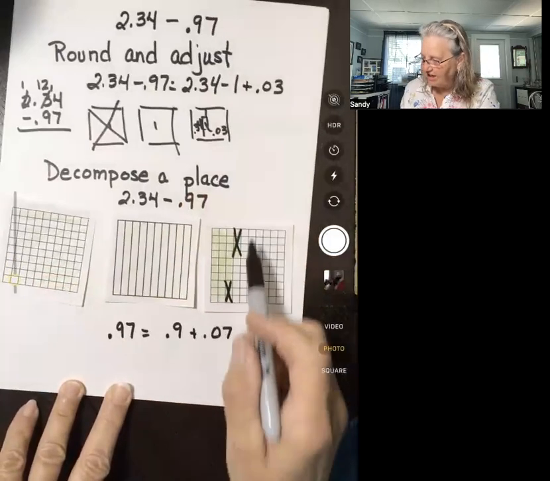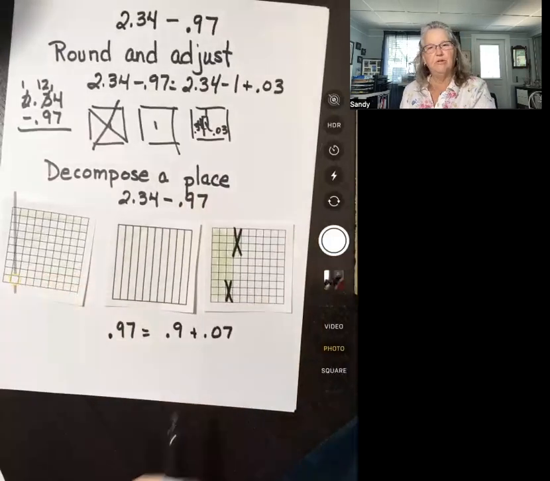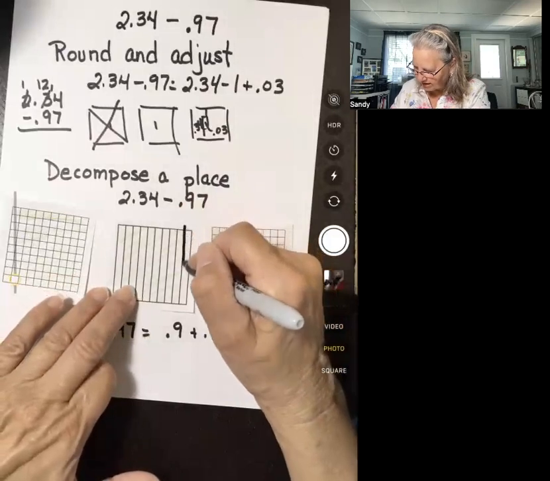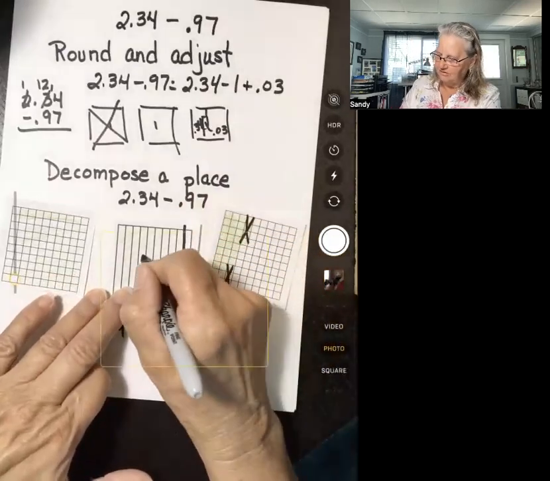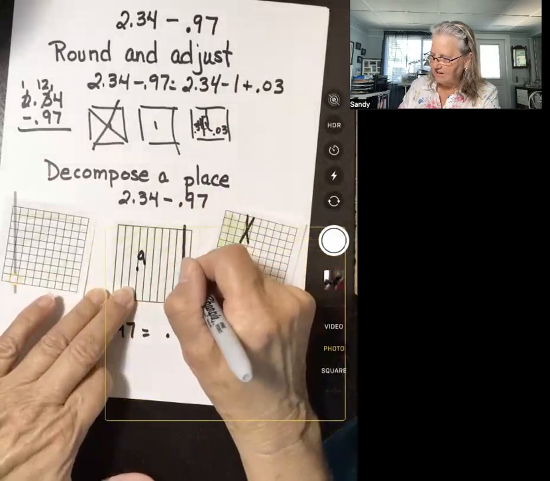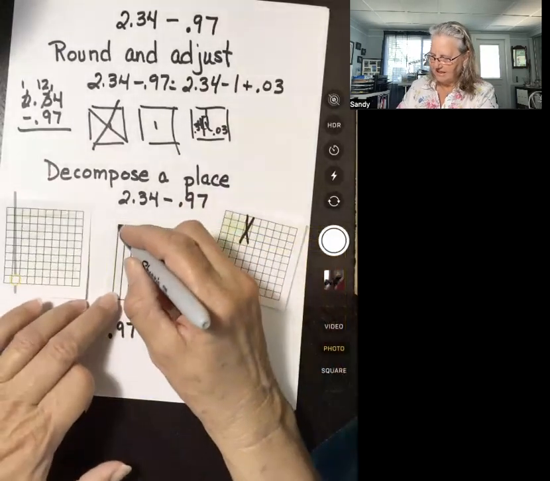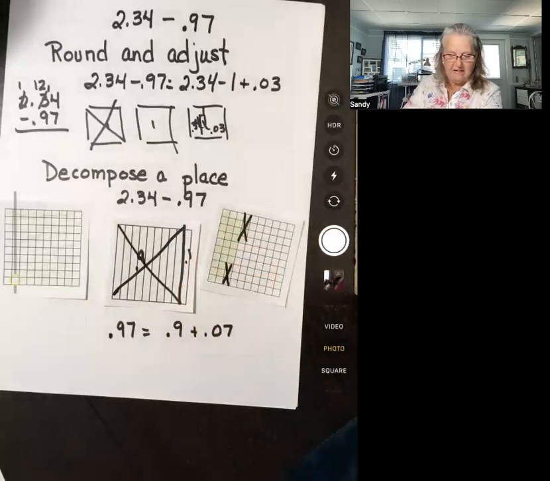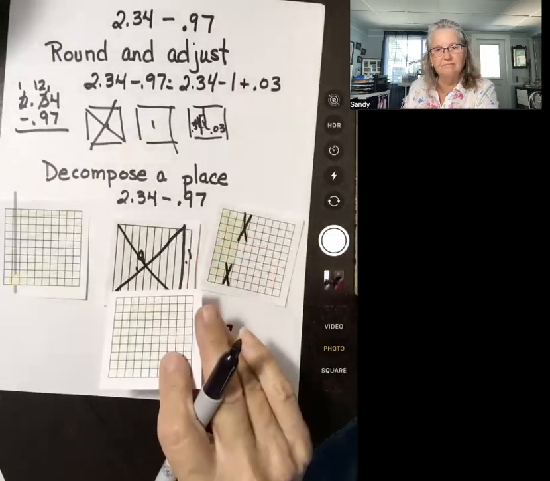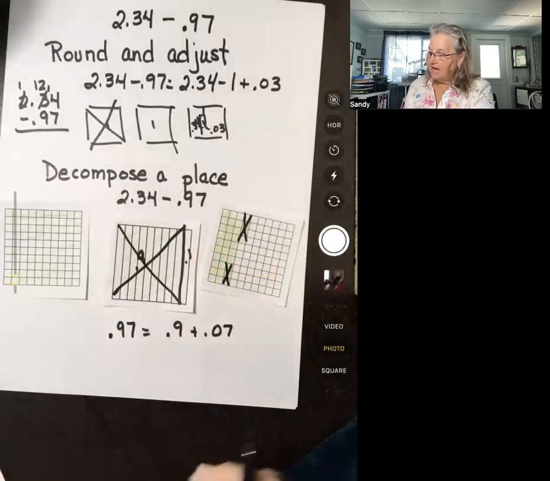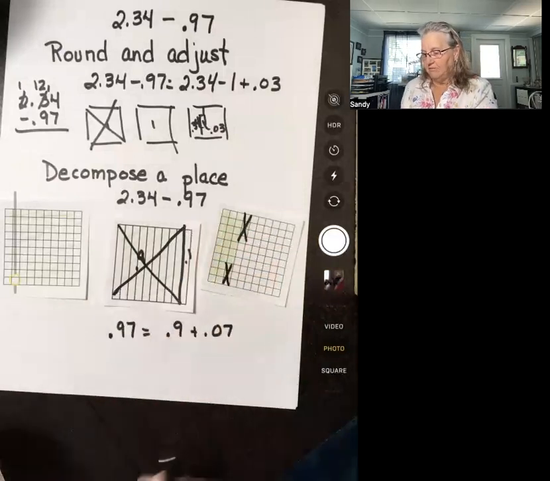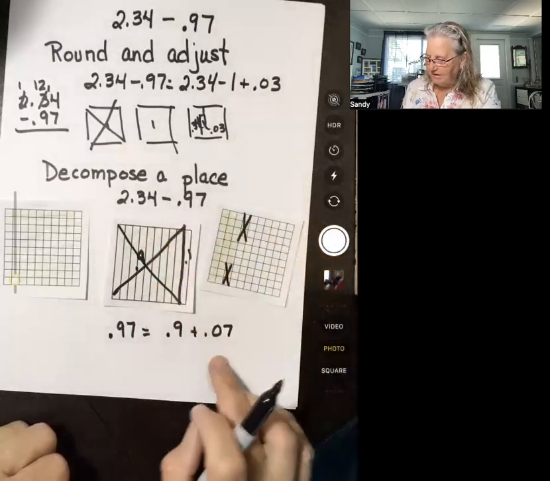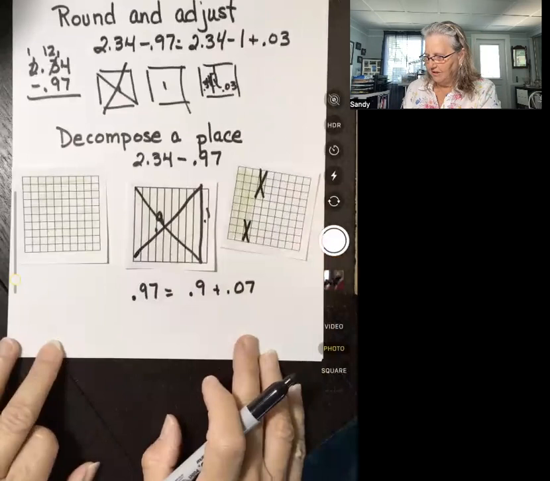I remove the 7/100, and now I need to remove 9/10. So I'm really kind of decomposing this into 9/10 and 1/10, and I can cross that out. I could have done it back on this version, but I decompose it, see what I end up with, right? I can remove by places using place value ideas to remove a whole.